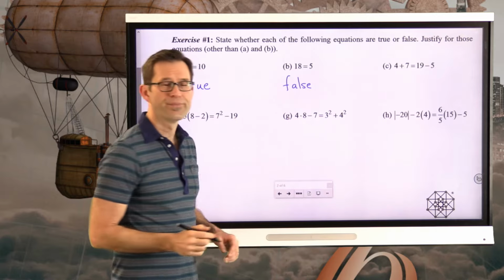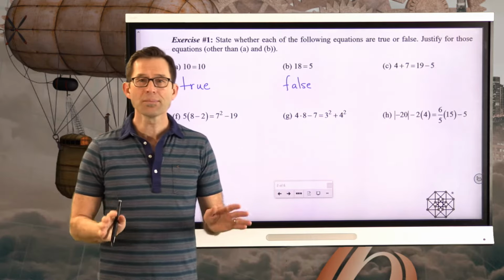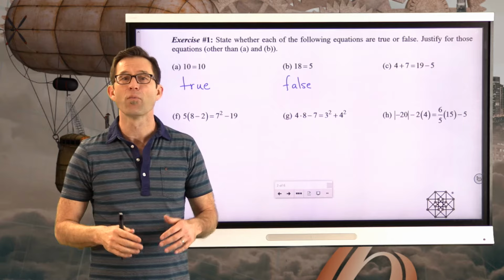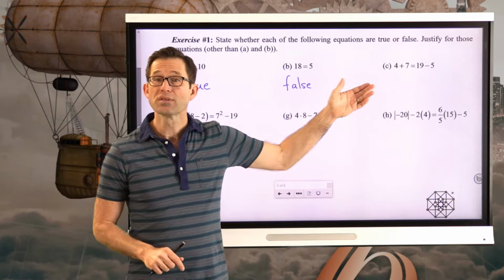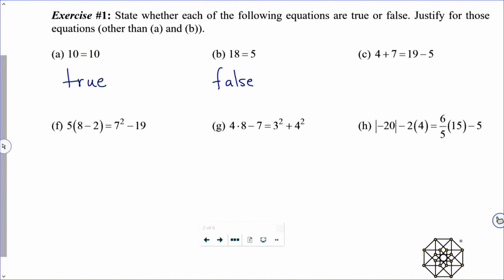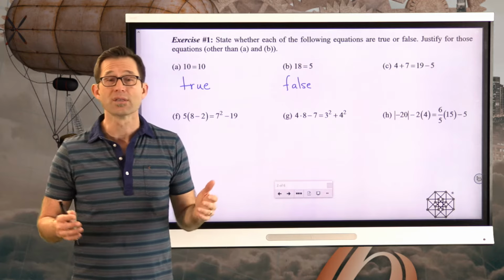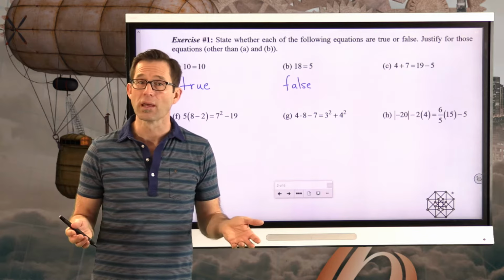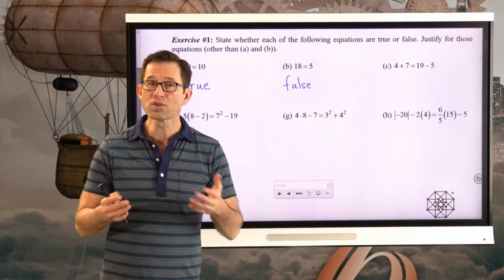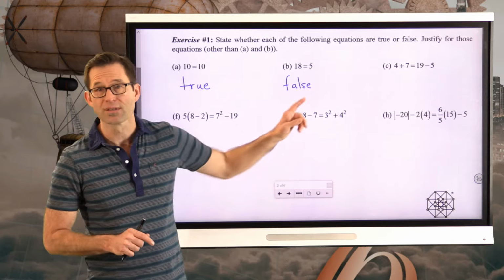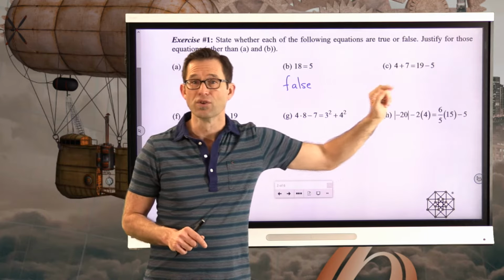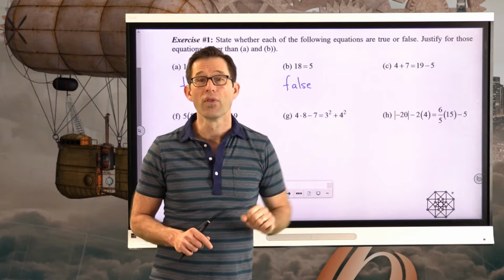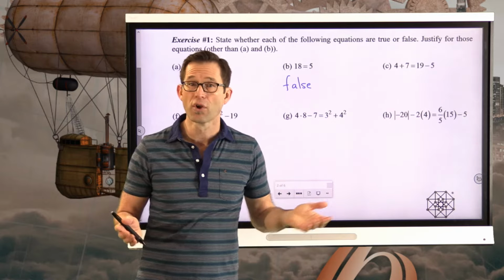So that's false. But there is absolutely no reason why we can't have more complicated equations. For instance, letter C says 4 plus 7 is equal to 19 minus 5. Is that a true statement or a false statement? The best way to figure out whether it's true or false is to evaluate the left-hand side of the equation, evaluate the right-hand side, and see if they're equal.